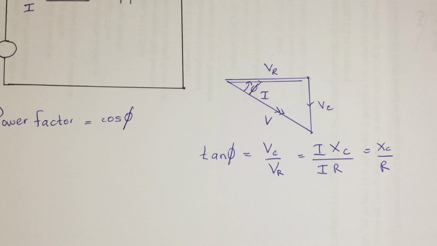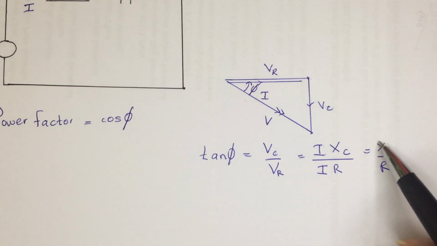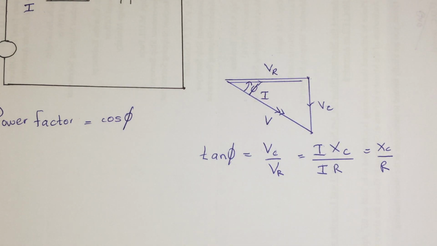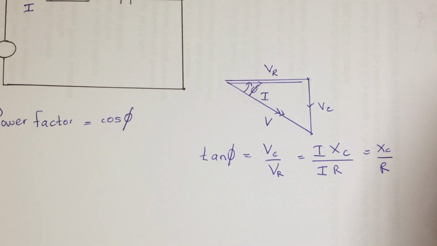And the next part is, actually we knew the capacitance. So how are we going to find this capacitance value over here? That's the question. It's going to be 1 over omega C. Actually, we have already studied that.